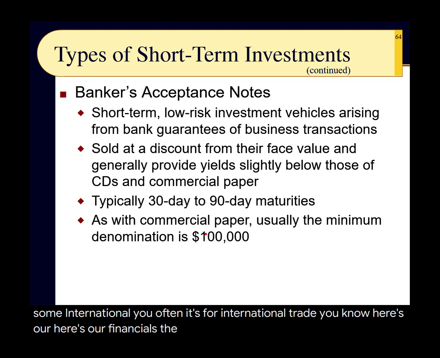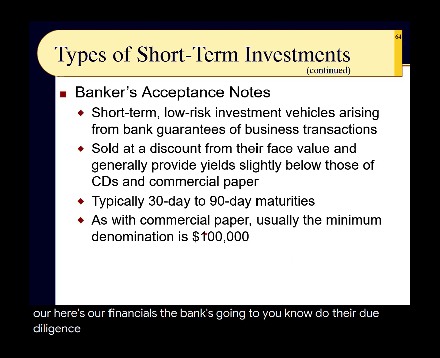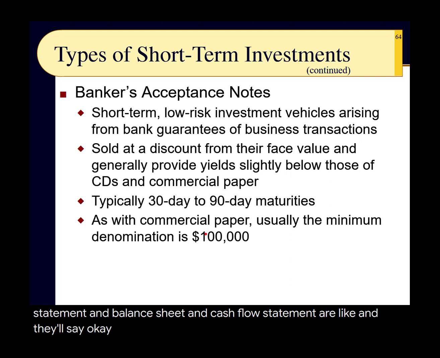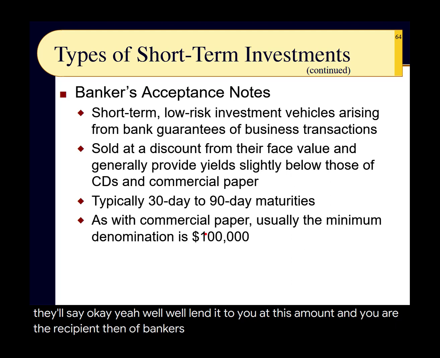financials." The bank's going to do their due diligence. They're going to see what your income statement and balance sheet and cash flow statement are like, and they'll say, "Okay, yeah, we'll lend it to you at this amount," and you are the recipient then of bankers' acceptance notes.